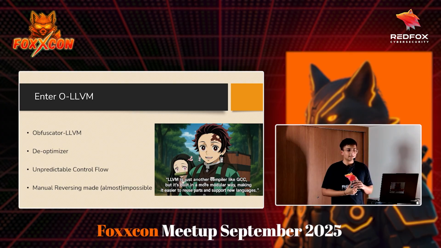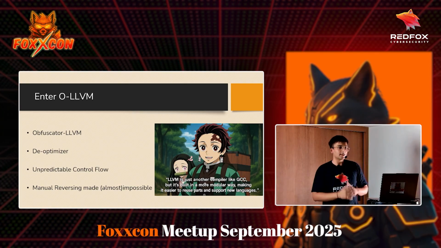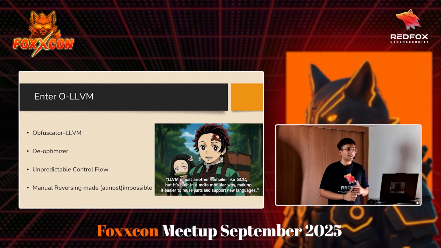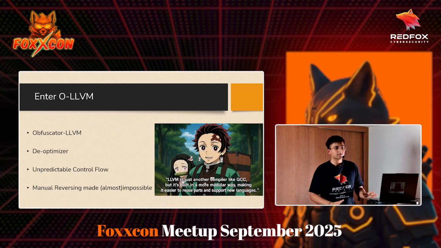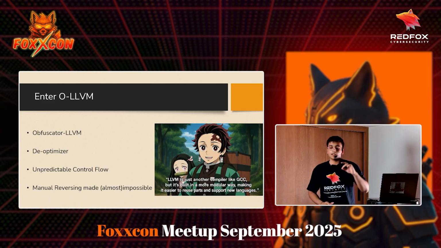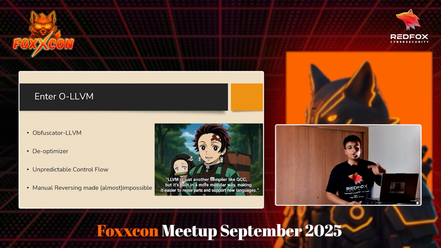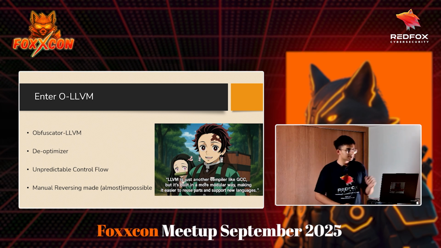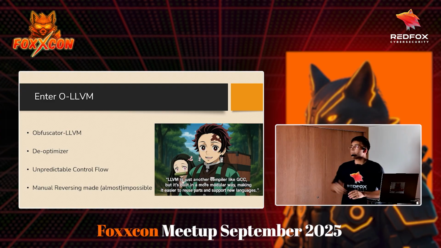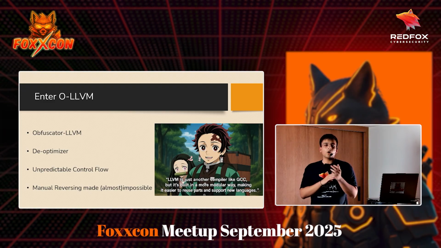You can't look at the graph and tell what is going to happen next. If you put this through a debugger, that debugger is going to go crazy because it is going to have so many jump statements that you won't be able to keep track of what function you're inside. And the main purpose of it is that manual reversing becomes almost impossible.